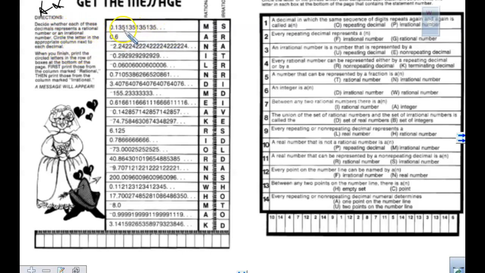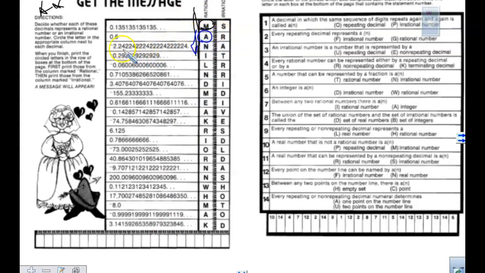So you might look at that first one and go, oh, rational, I'm going to circle that. What that means is that when you go down here, you're going to go all the way down this line to see all of these numbers going down. And then when you have filled those in, once you've done this one, oh, I have another rational.